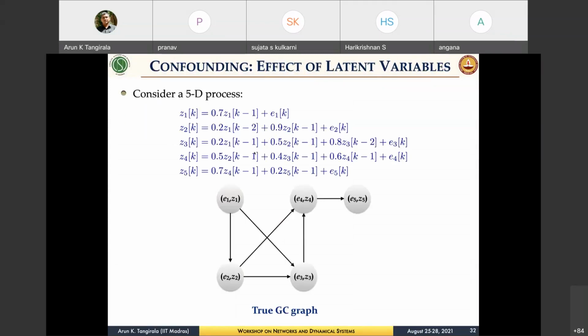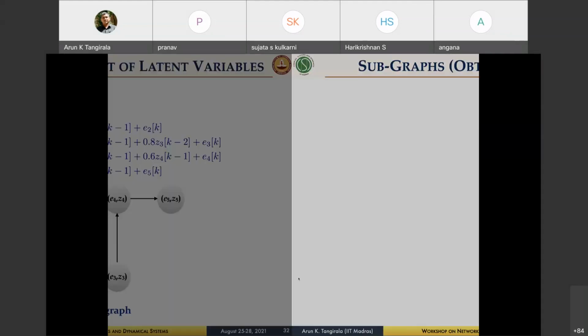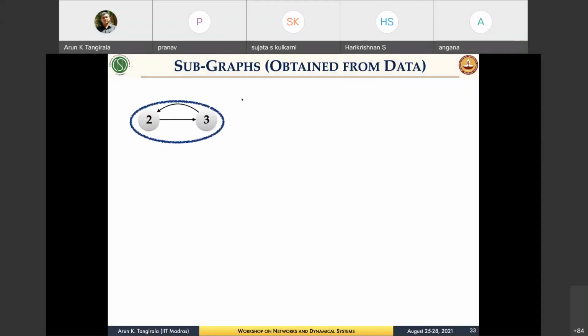Interestingly, if you look at 2 and 3, there is only one unidirection between 2 and 3. But if you analyze 2 and 3 as a pair, then you come up with an additional connection which goes from 3 to 2. Okay, so there is a problem there.